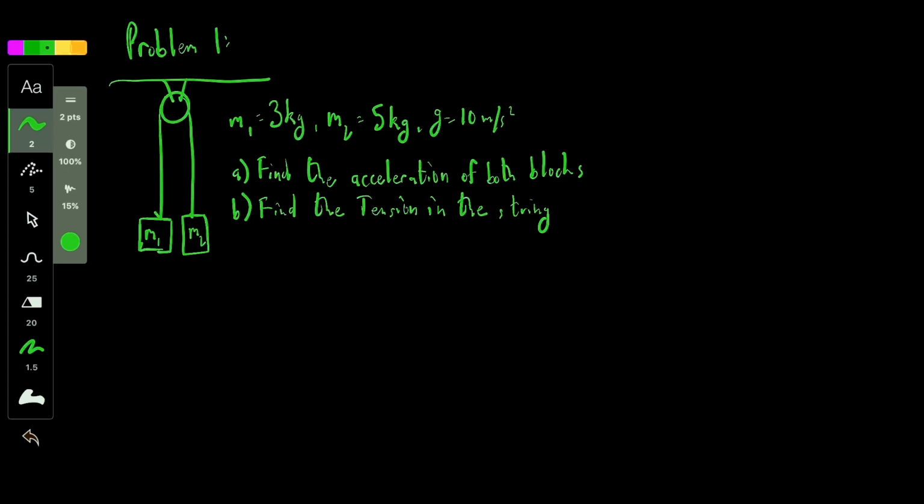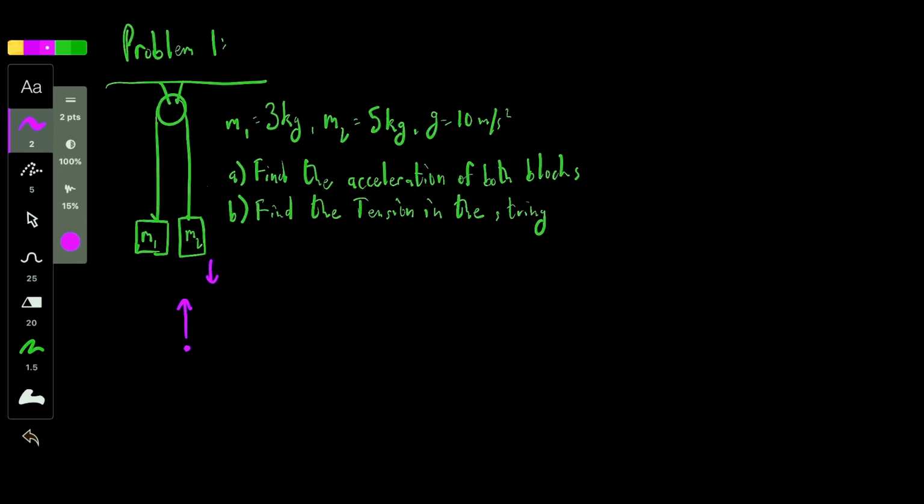So the first thing is, let's look at mass 1. Let's draw a free body diagram. So we have, this is our M1. Now, since M2 is heavier, the tension is going to be pulling M1 upwards, because M2 is going downwards, so the tension is upwards over here.